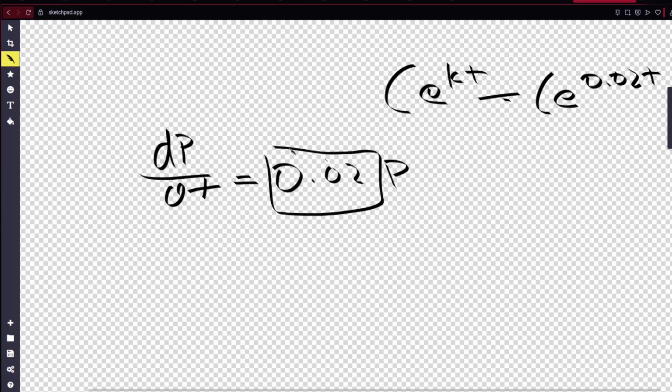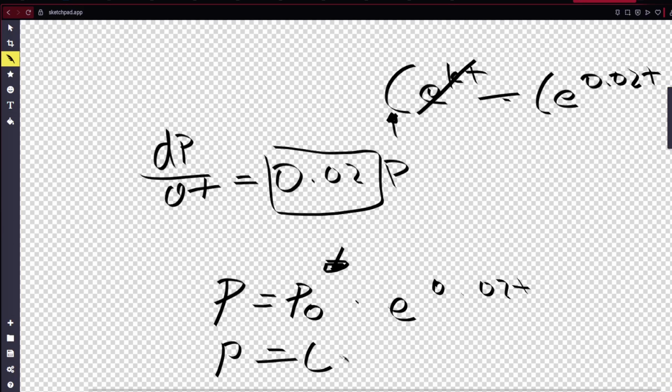And then we don't solve for anything, but that means the form is p equals p0 times e to the 0.02t, because remember p0 is just equal to C out front here, because at time 0 this all just becomes 1, leaving the C behind. So this can be the same as C, or this can be the same as P of 0, but it's the exact same form. You can just say p is equal to C times e to the 0.02t.